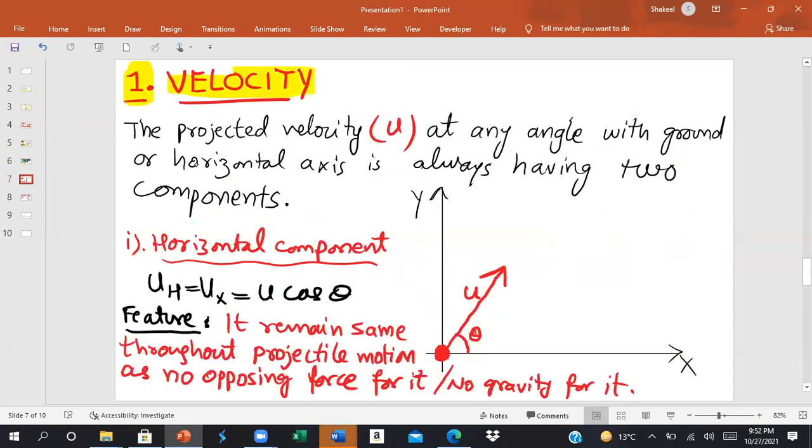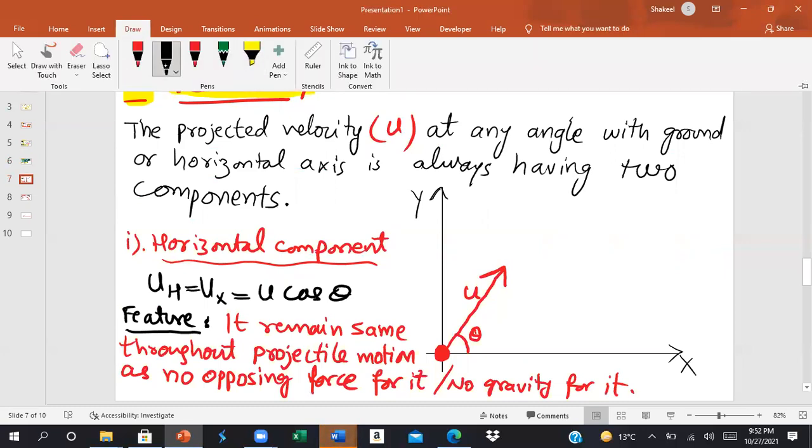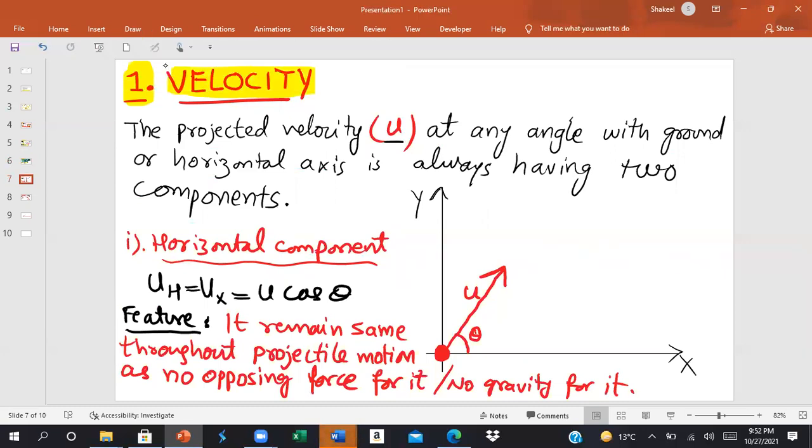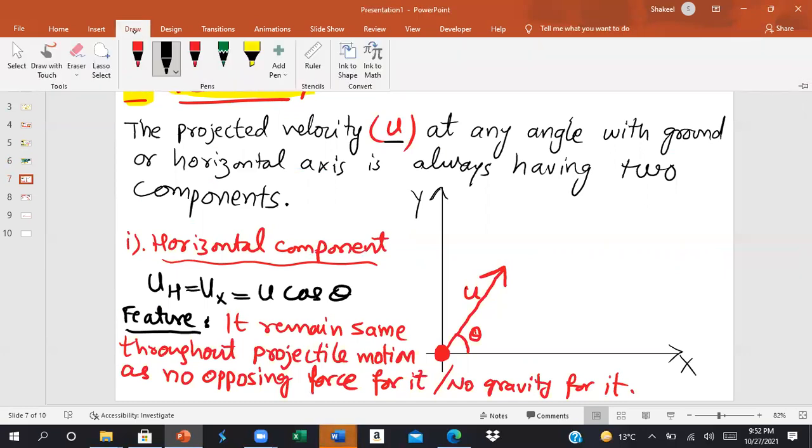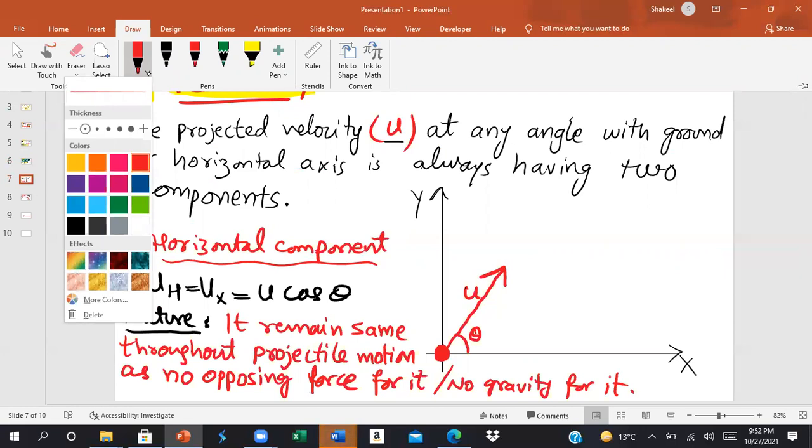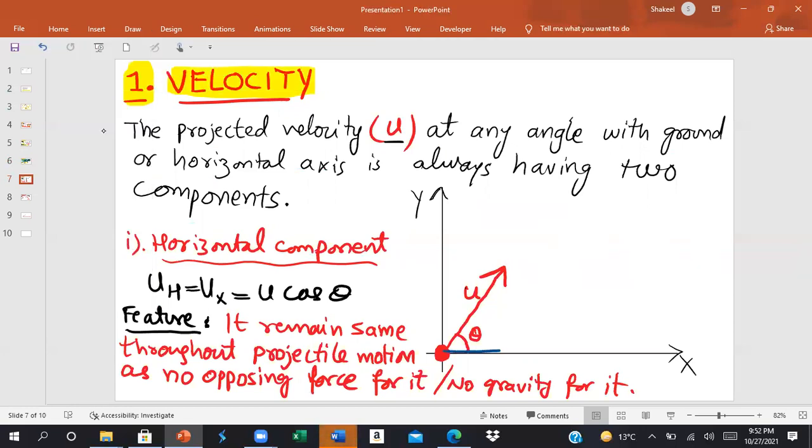The first term is velocity. The projected velocity at any angle with the ground or horizontal axis always has 2 components. So let's say in the diagram, u is the projected velocity between the x and y axis. When we have to resolve it, it will be resolved into 2 components. The first component will be along the x-axis, and that is known as uh or ux.